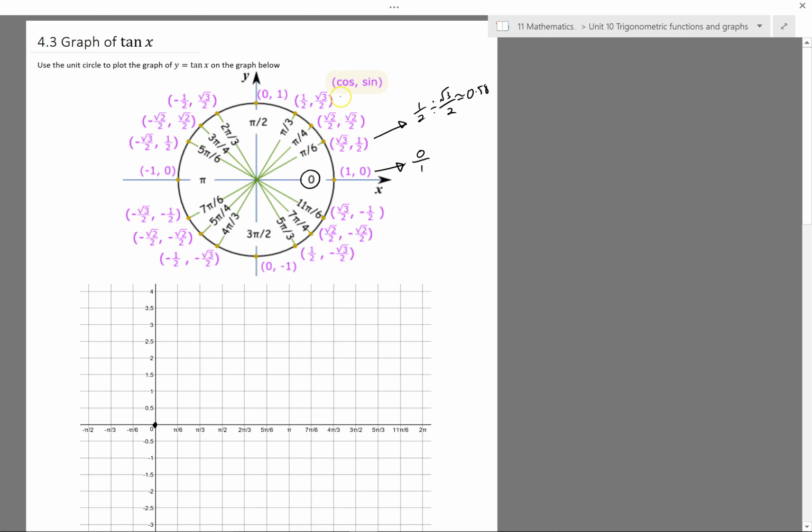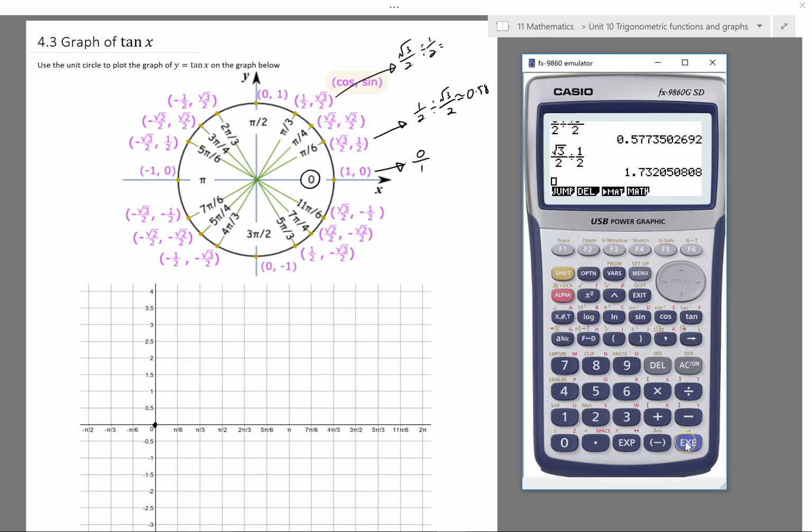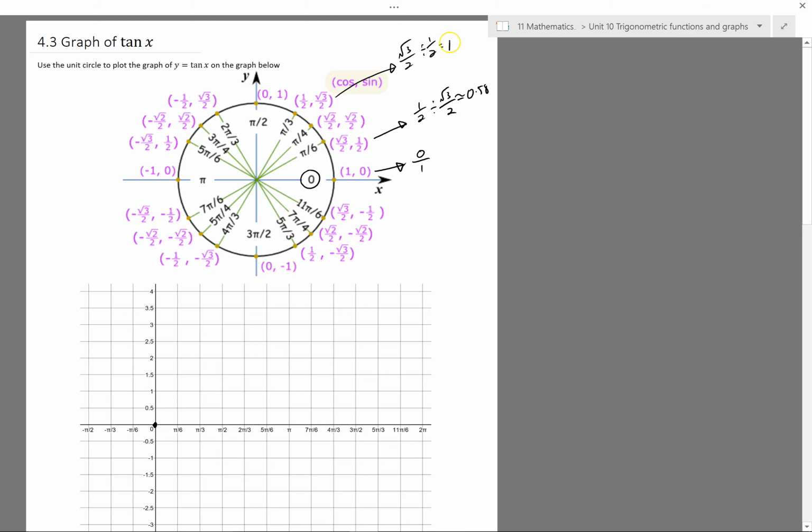For pi on 3, it'll be the y coordinate divided by the x coordinate, 1.73. And for pi on 2, it'll be 1 divided by 0, which is undefined.